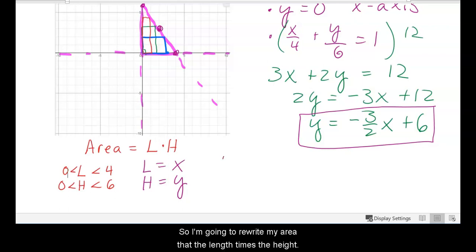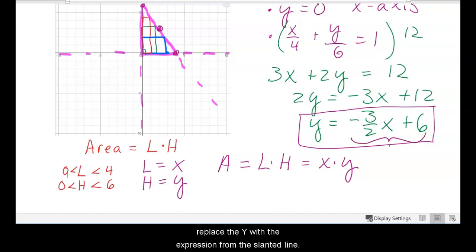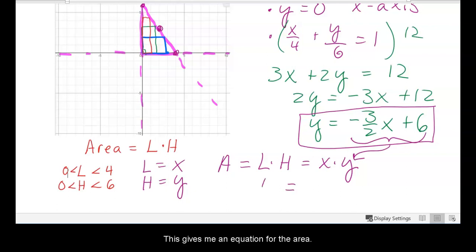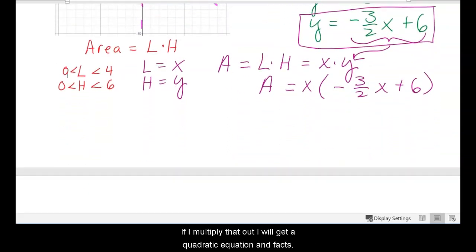So I'm going to rewrite my area equation, the length times the height, which is, of course, the same as x times y, but I'm going to replace the y with the expression from the slanted line. This gives me an equation for the area of x times the quantity, negative 3/2 x plus 6. If I multiply that out, I will get a quadratic equation in x.